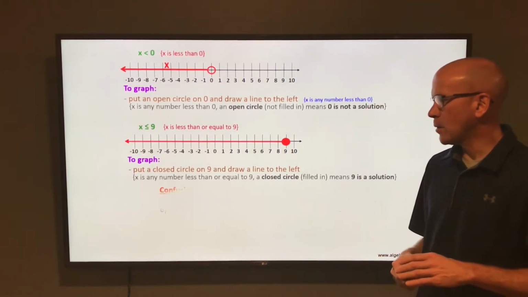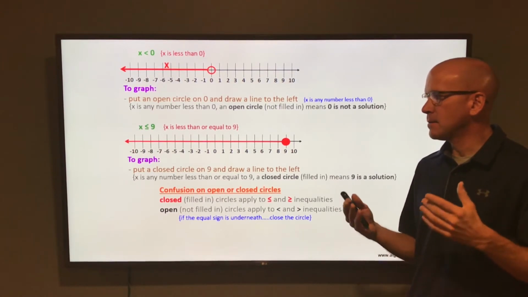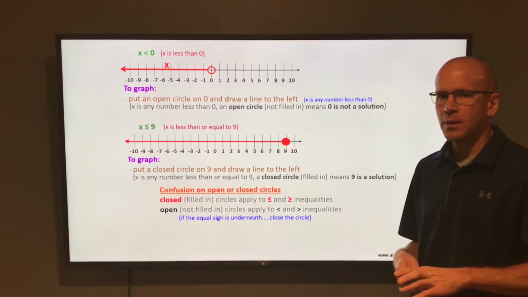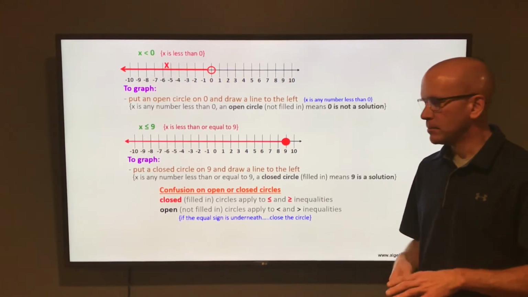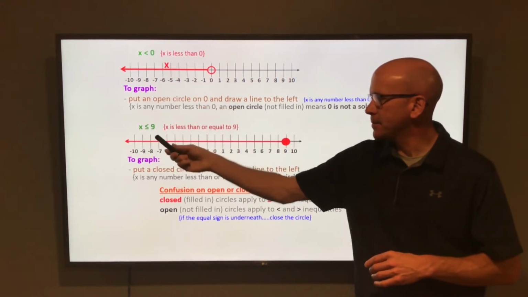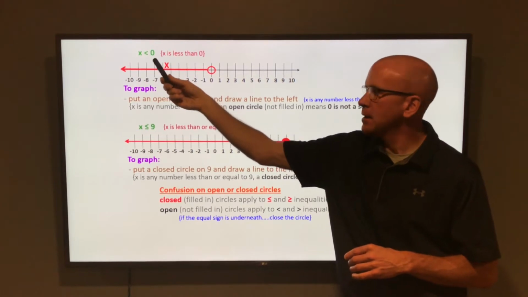Now, when graphing inequalities, a couple points of confusion would be whether you use a closed circle or open circle. And the second point of confusion would be which way does the arrow go, left or right. So open circle or closed circle all depends on the sign, the inequality sign. If you just have a less than or just a greater than, it's an open circle.